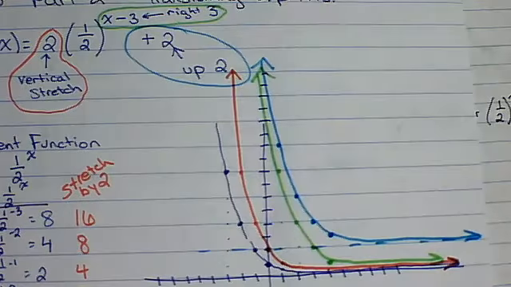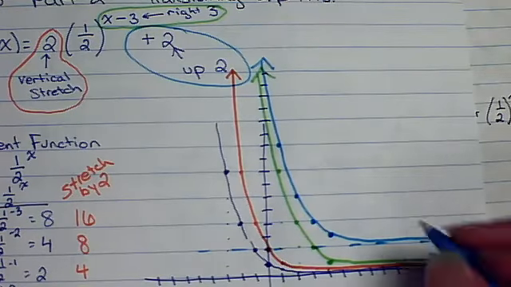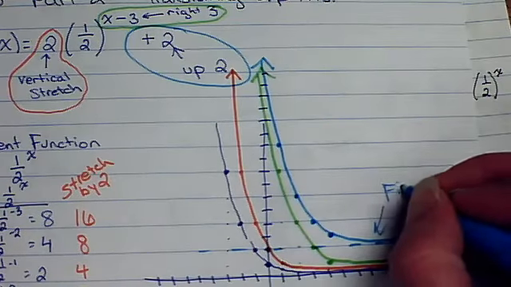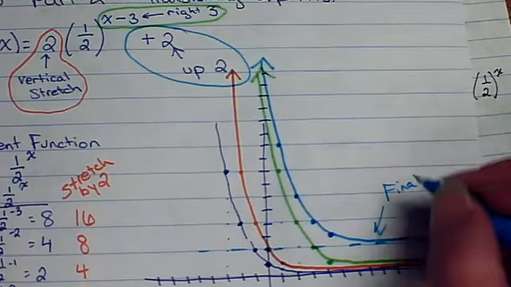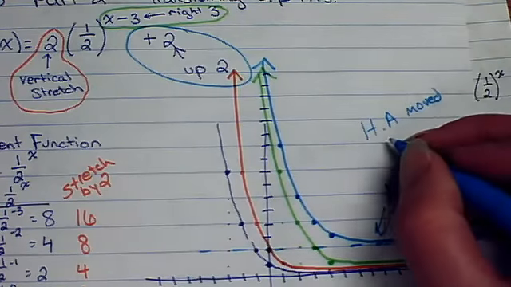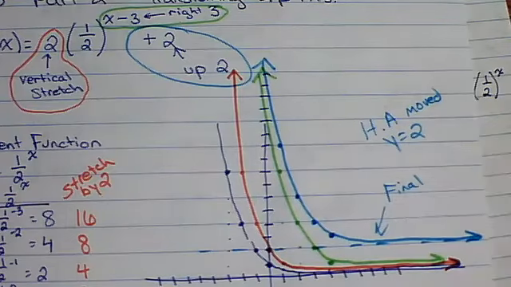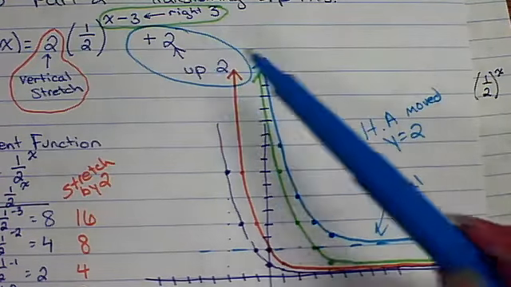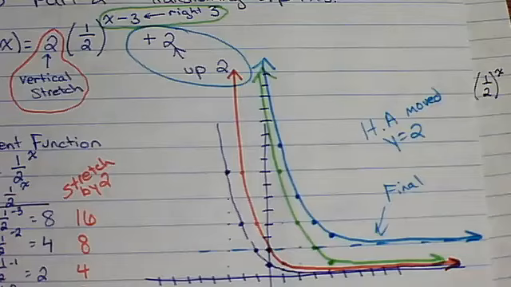So now I've moved up. I'm in my final position, and something happened. The horizontal asymptote moved. It is now at y equals 2. So we've got a pretty good idea by looking at the graph. If it's going to move vertically, that's going to change that horizontal asymptote. So there's a good shortcut for you.